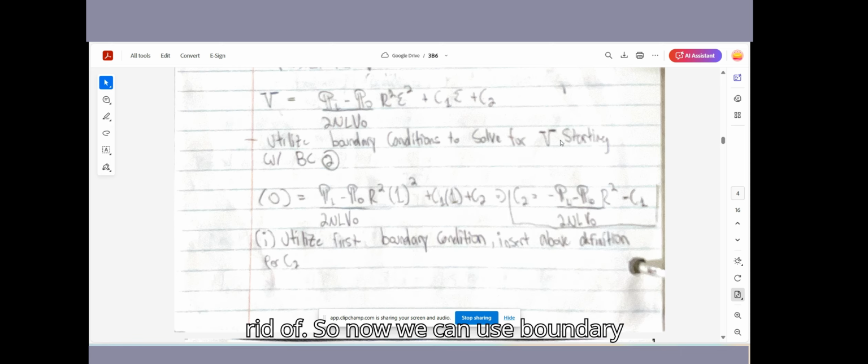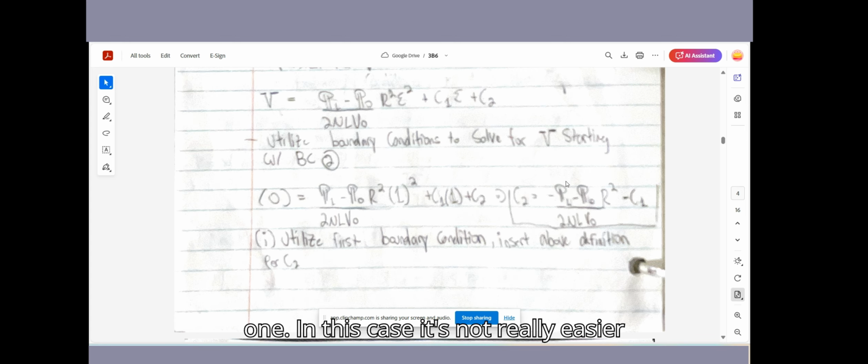So now we can use the boundary conditions. Usually I like to do the boundary condition that results in the velocity on this side being 0 first, so it's easier to solve for one boundary condition in terms of the other. I plug in the conditions and isolate C2 in this case, but you can do either one.